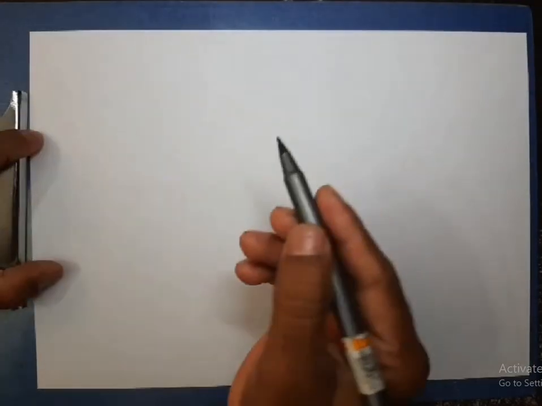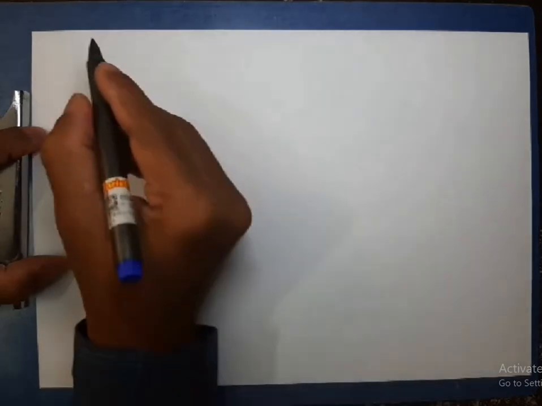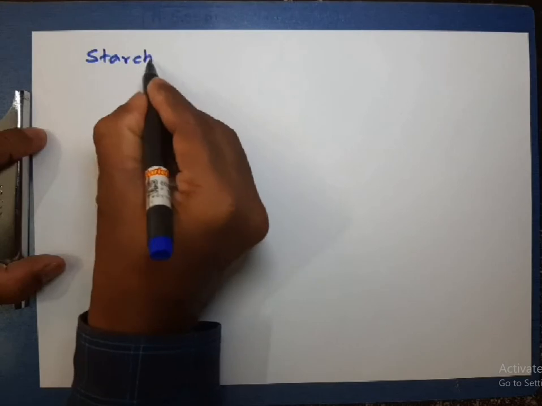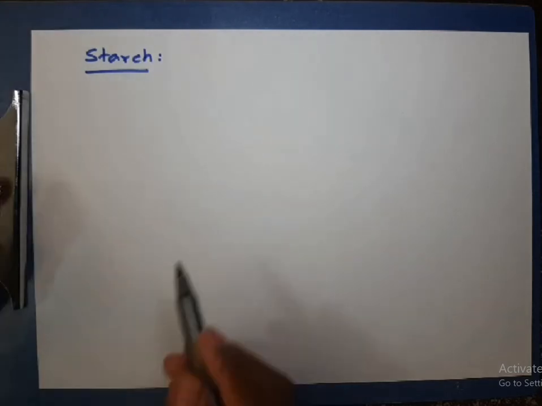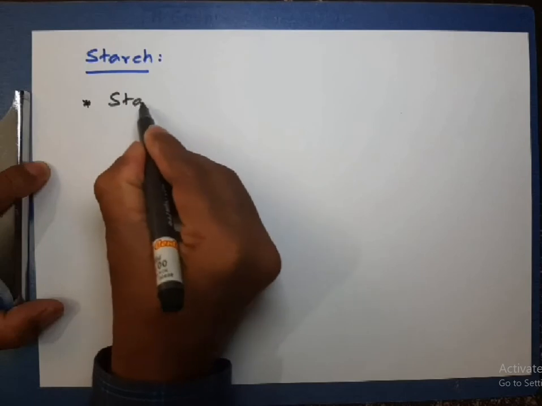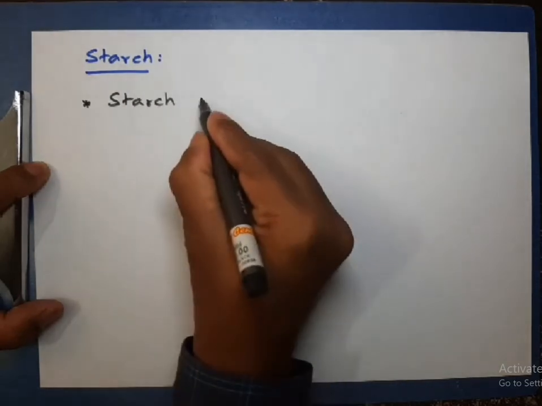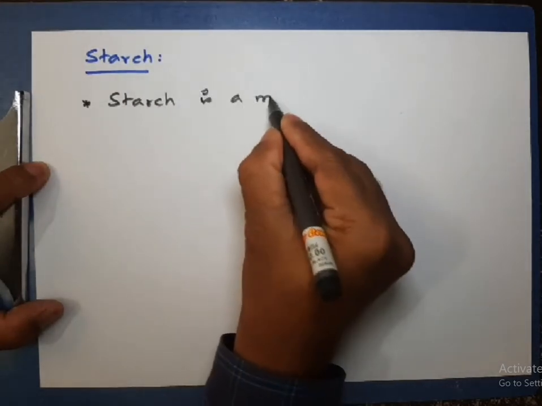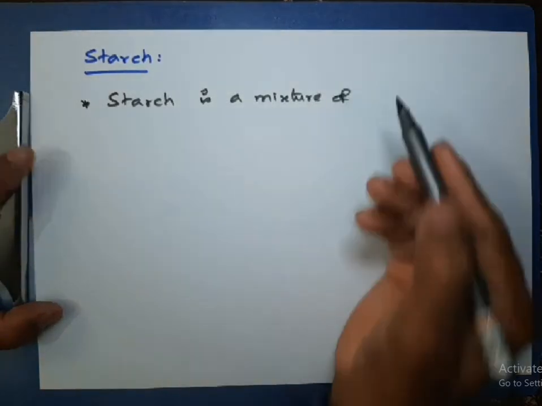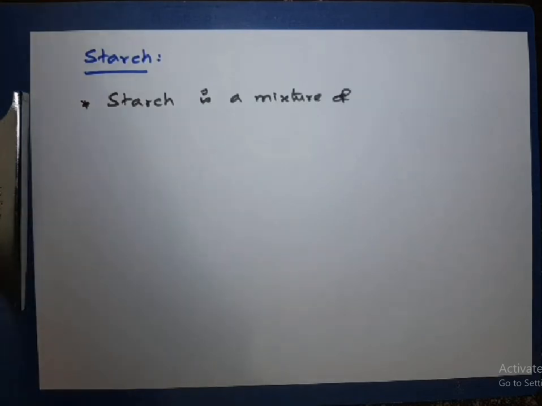Now, in homopolysaccharides we have starch, cellulose, glycogen, etc. First we'll take starch. Starch is a homopolysaccharide. Actually speaking, starch is a mixture. It consists of two fractions.